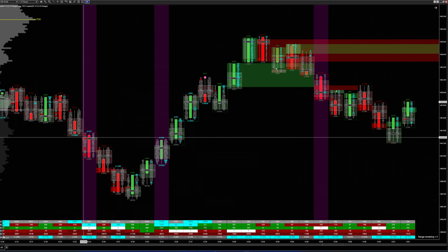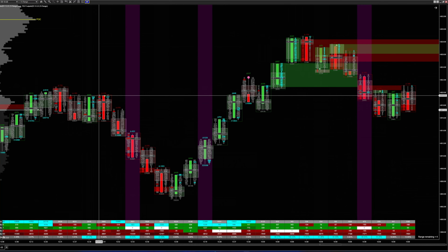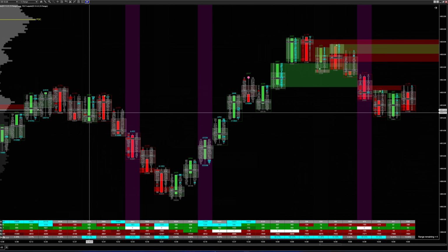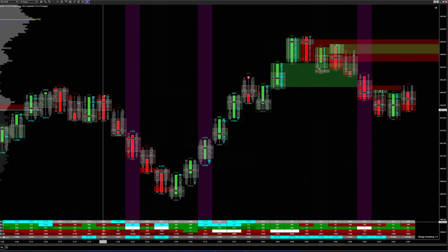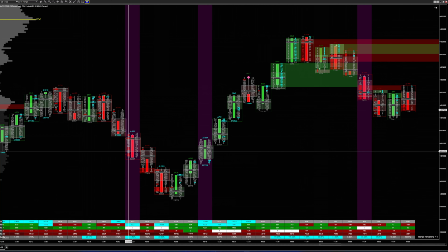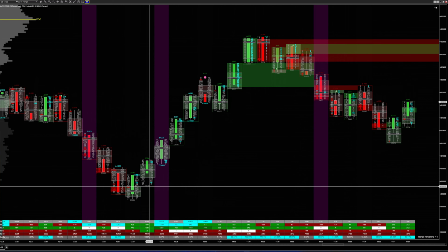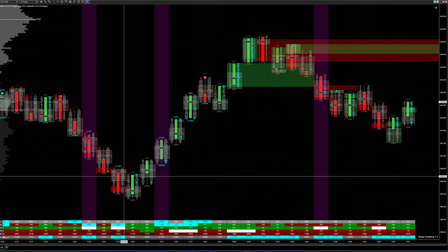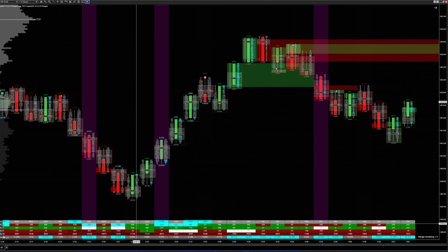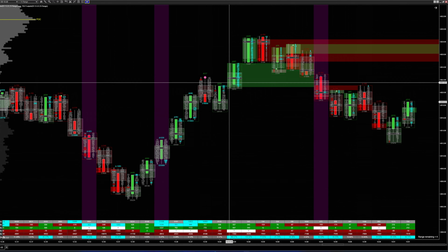So let's explain what we see here. All right, the first bar, the positive delta, and then the next two bars increasing negative delta, with the final bar being negative 900, and we saw that the market downtrended a bit, right? And then another one popped up, first bar negative, next two bars positive with increasing delta, and then the final one, a huge increase in delta, and we saw the market uptrend, right?